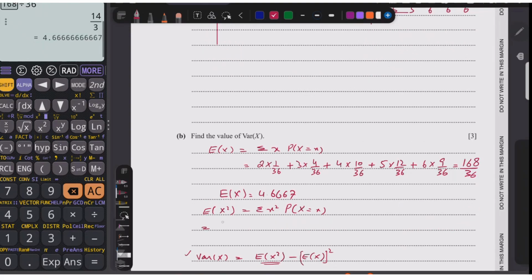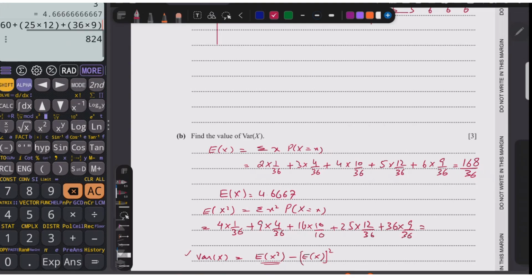E of x squared means 2 squared, 4, multiplied with its probability, 3 squared, 9, multiplied with its probability, 16 multiplied with its probability, 5 squared is 25 multiplied with its probability, and 6 squared is 36 multiplied with its probability.